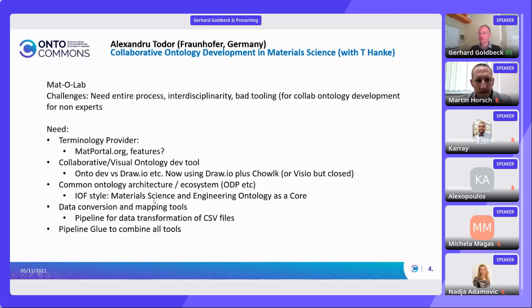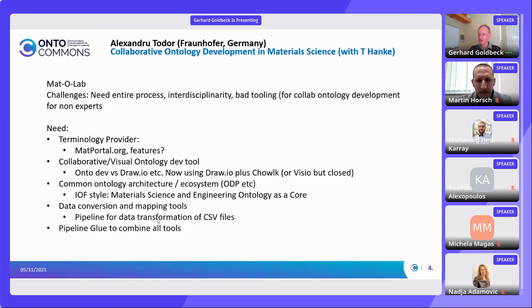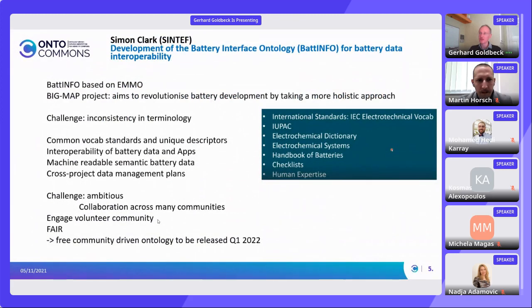Then around the ontology stack itself, they're using the Common Core ontologies and developed within the IOF type of framework, a material science and engineering ontology as a kind of module. And then on the pipeline for transformations, there were some great developments there as well. So a great overview in terms of the challenges and also starting to address some of these challenges.